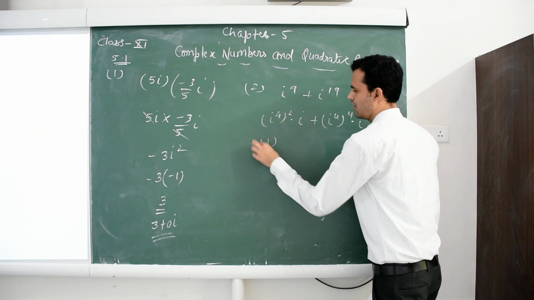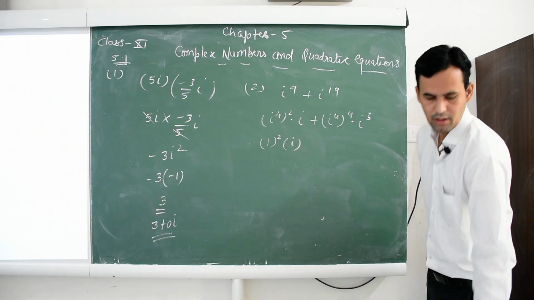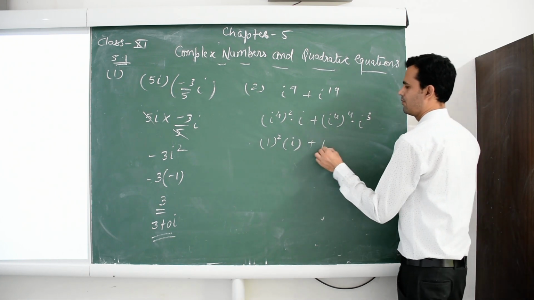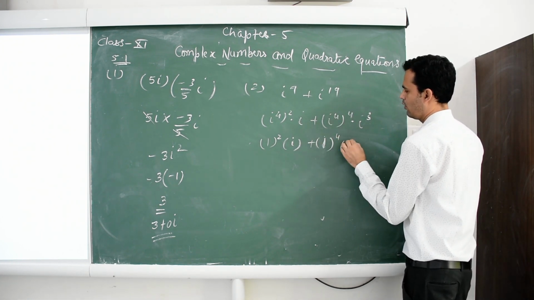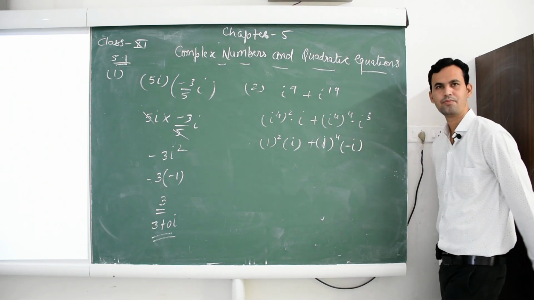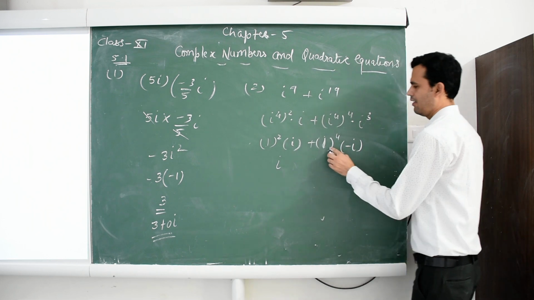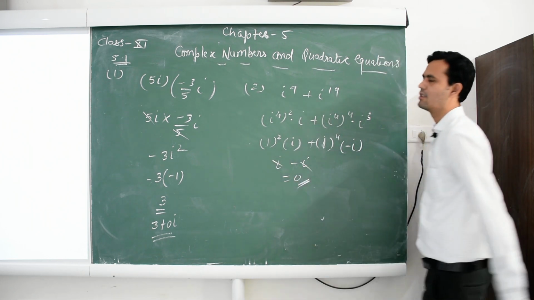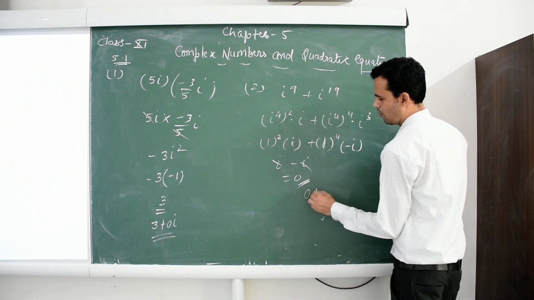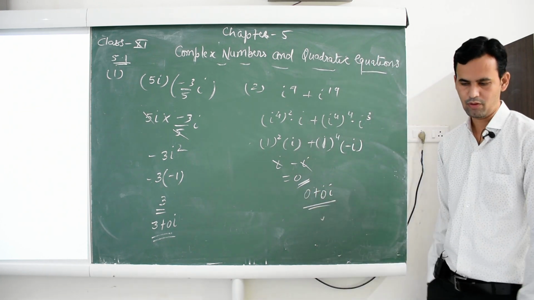I to the power 4 is 1, so 1 square into I, plus 1 to the power 4 into I cube, which is minus I. 1 square is 1, so only I remains, and here minus I. These two cancel, so the answer is 0. We write it as 0 plus 0i, the a plus ib form.